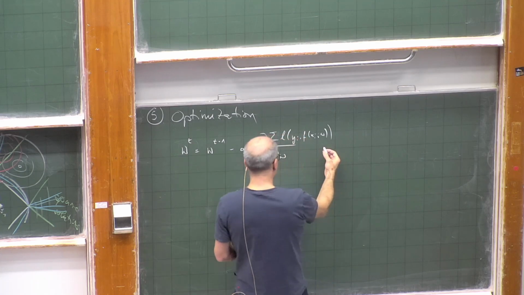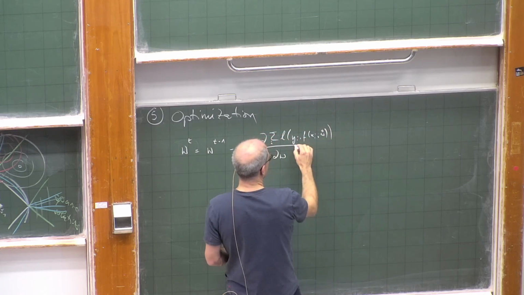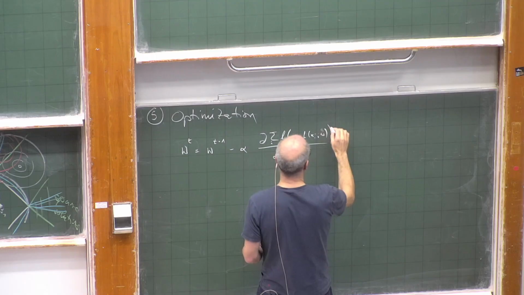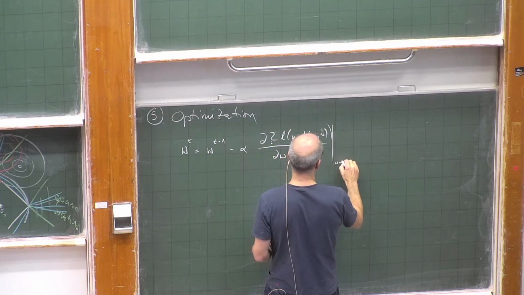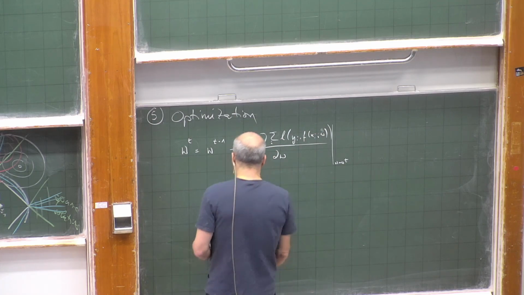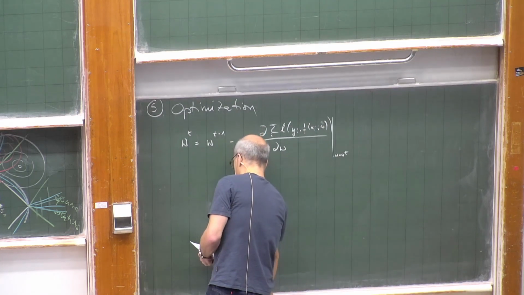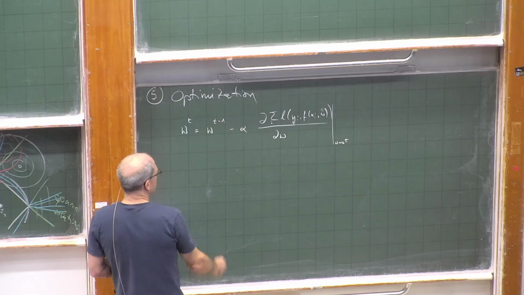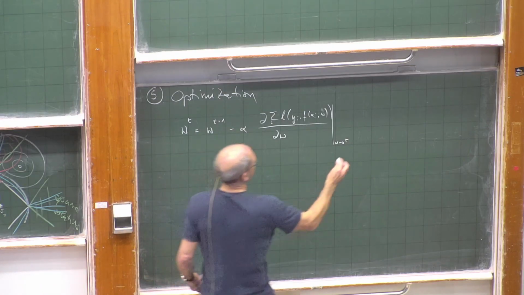And here we use the parameter vector from time t. And this would be plain gradient descent.